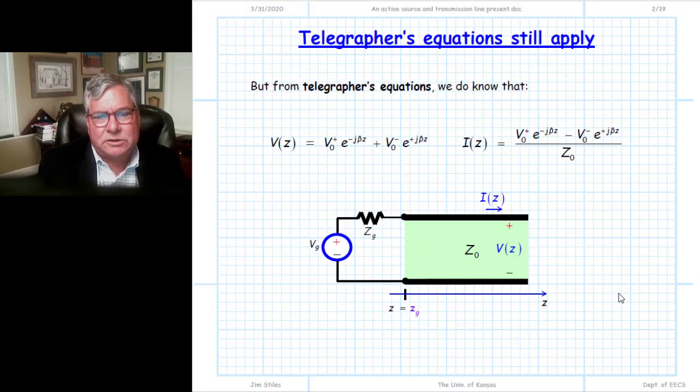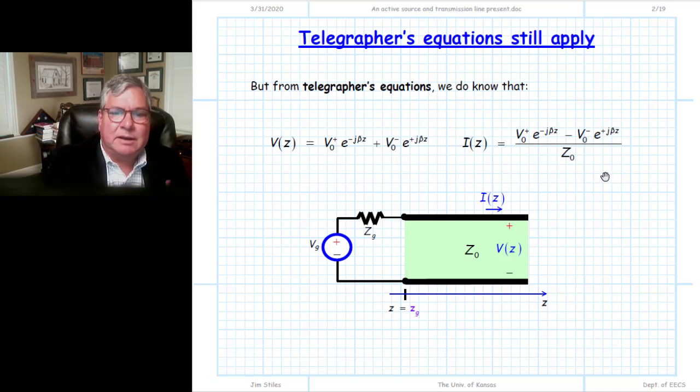The telegrapher equation solutions, of course, still apply for a transmission line. And here they're written in terms of the two unknown wave amplitudes, V0 plus and V0 minus. When we connected a passive load to one end of the line, we were able to find, using boundary conditions, a relationship between V0 plus and V0 minus when the transmission line is terminated by a passive load.